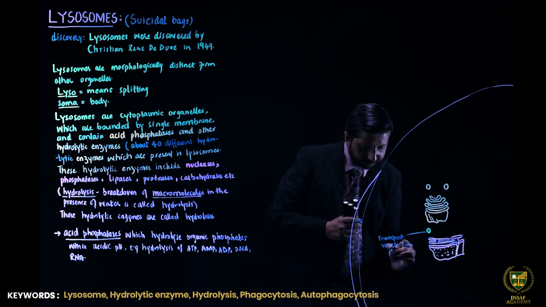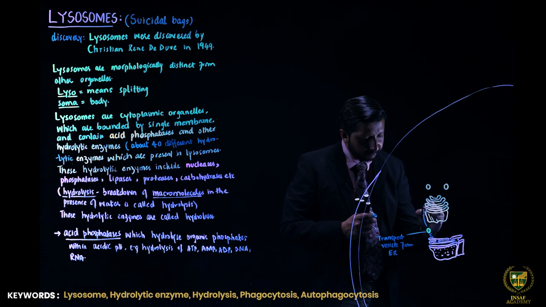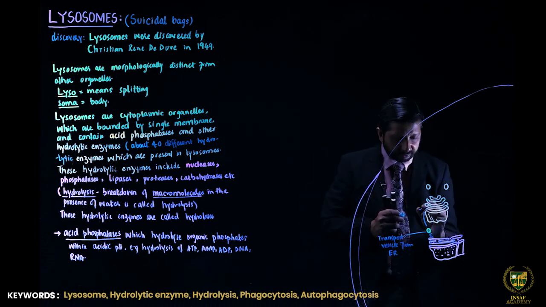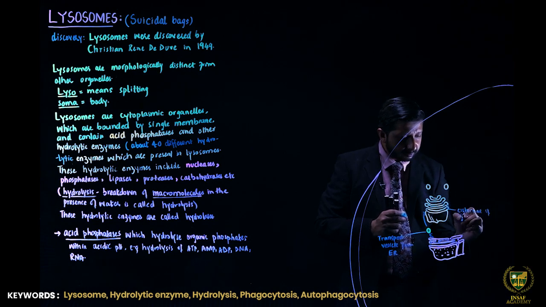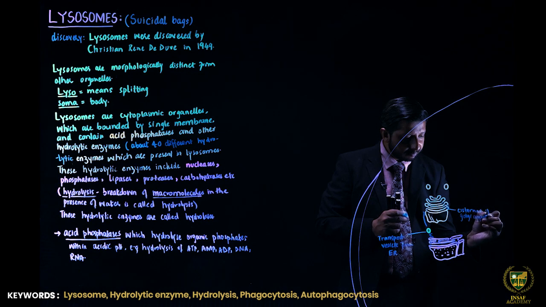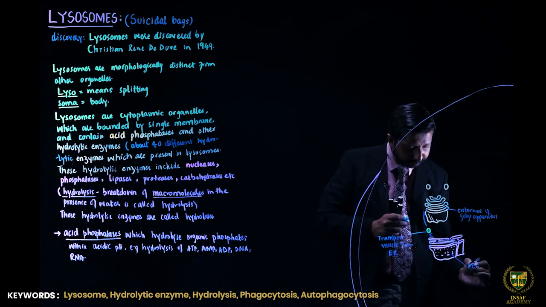From the endoplasmic reticulum, it moves and gets fused with the forming face of the Golgi apparatus. So these are the cisternae of the Golgi apparatus, and this is the rough endoplasmic reticulum.